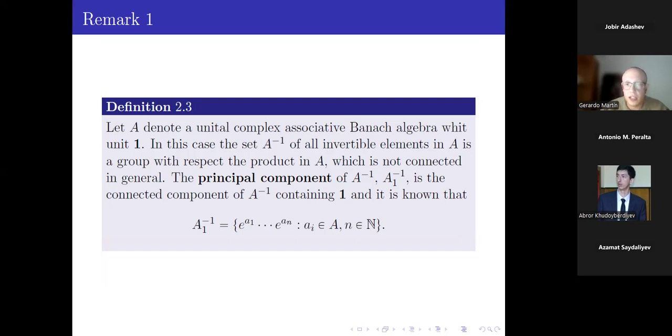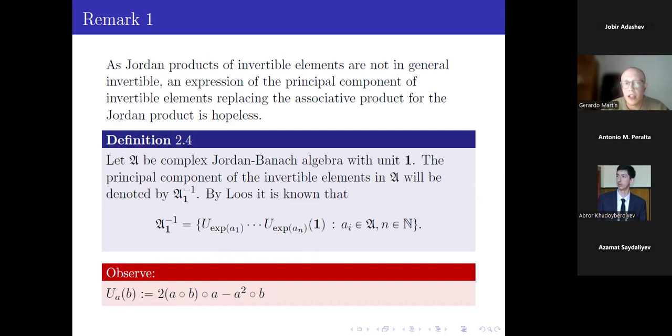In the case of an associative complex Banach algebra, we know that the principal component of this space can be written as finite products of exponentials of elements in the algebra. Now, if we try to obtain a similar formulation for the principal component in the case of a unital Jordan Banach algebra, we know that usually the product of invertible elements is not in general invertible in Jordan algebras.